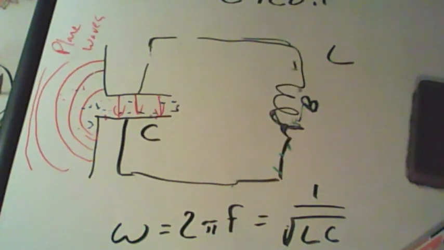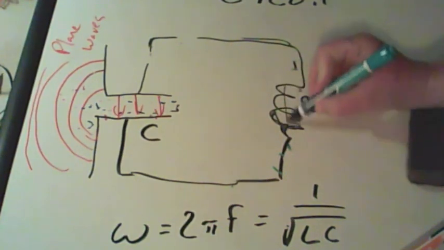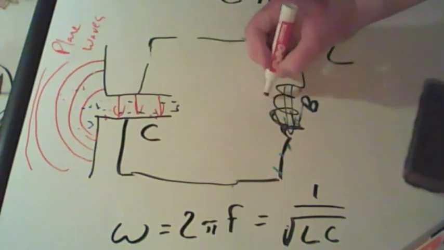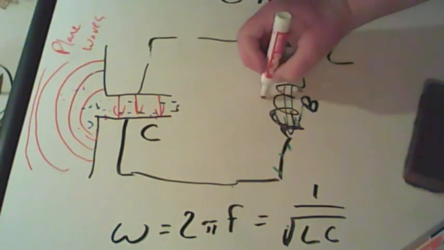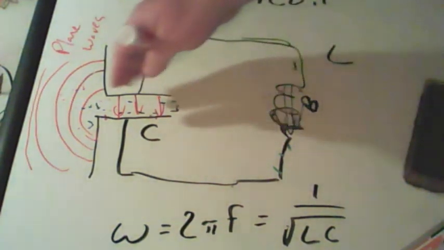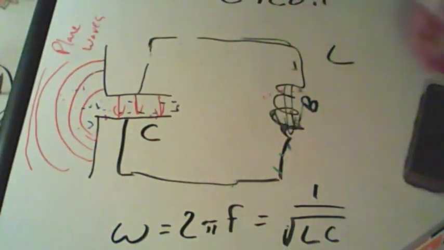Likewise, a similar thing is happening with the inductor as the magnetic field changes back and forth. In the inductor, you induce an electric field that surrounds the inductor. And so by this mechanism, this will emit and receive radio waves.